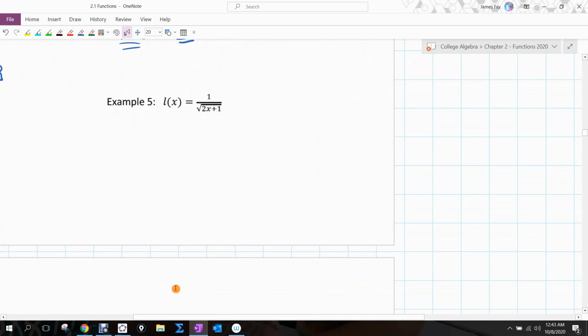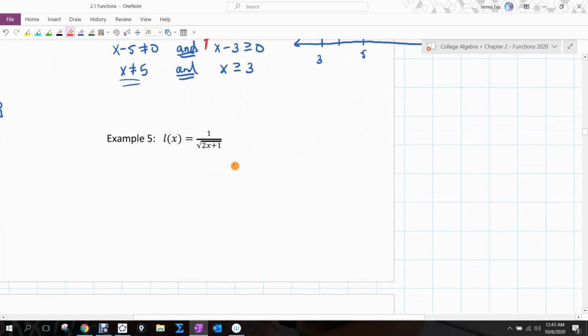Example 5. The only thing we got to worry about here now, okay, so we have division and we have roots, and this is a special case because the root is the divisor. So that root, that 2x plus 1, by being a root, has to be greater than or equal to 0.